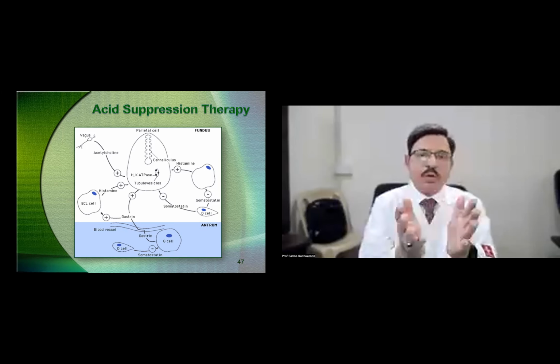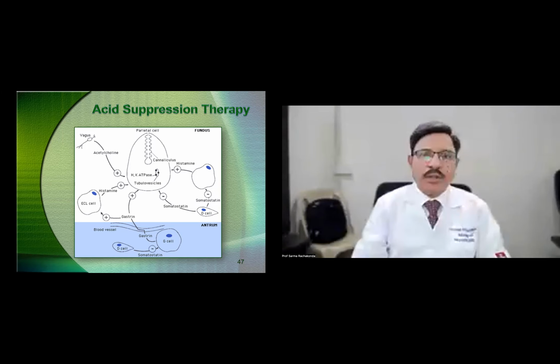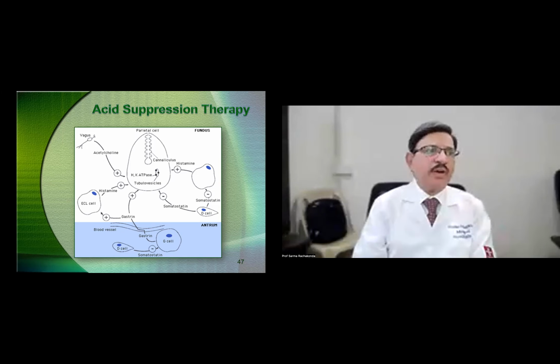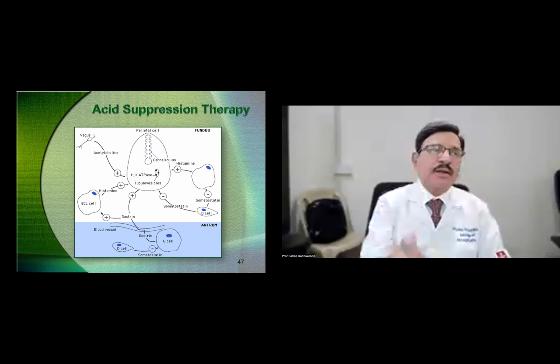This is called the proton pump. The proton pump is that H+/K+ ATPase, and you interfere with the H+/K+ ATPase, so much so that potassium is secreted in place of hydrogen, and much less acid is there. This is the final common pathway in the tubulovesicles, the proton pump or H+/K+ ATPase. So proton pump inhibitors work directly on that.